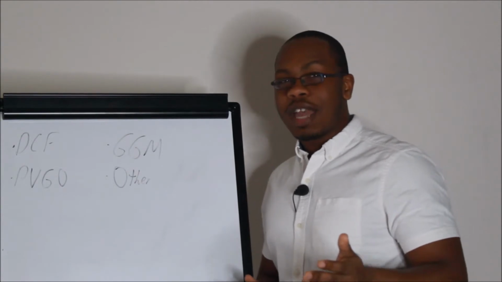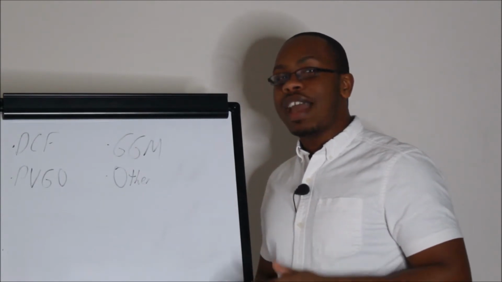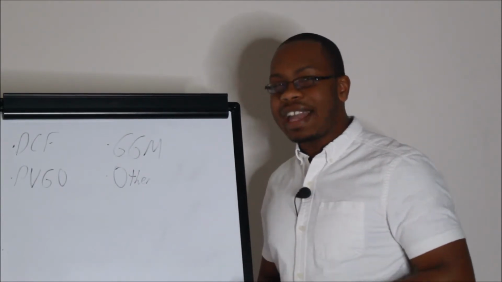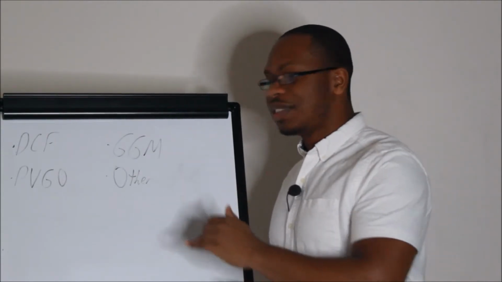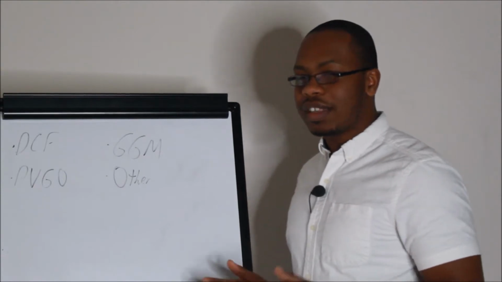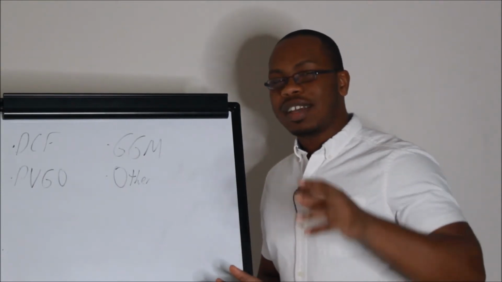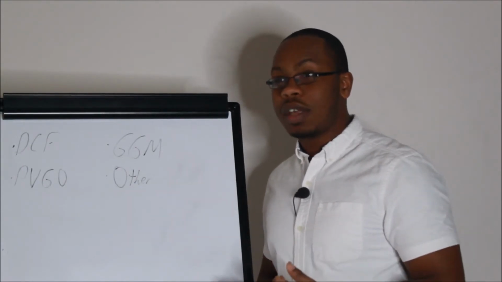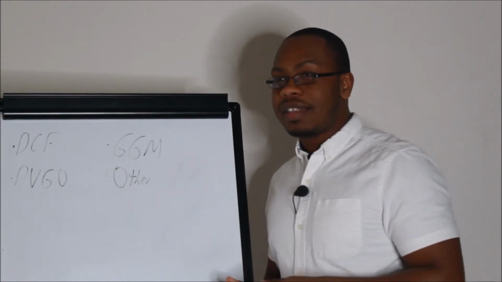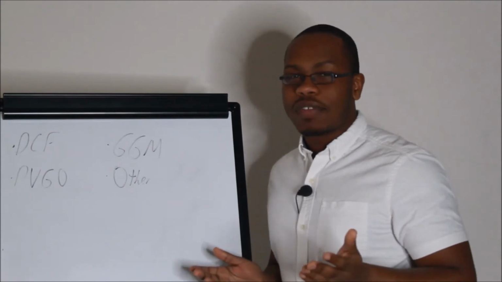Another one that became popular in the 90s is EVA, Economic Value Added. Now, the premise of economic value added, kind of similar to PVGO, is that you have to look at the value of a company today, but instead of using just general growth prospects like I do, they look at economic income, and that's just net operating profit after tax.